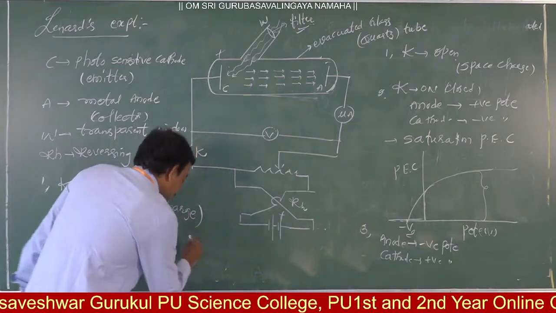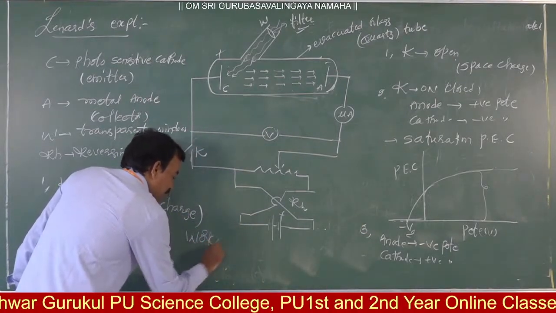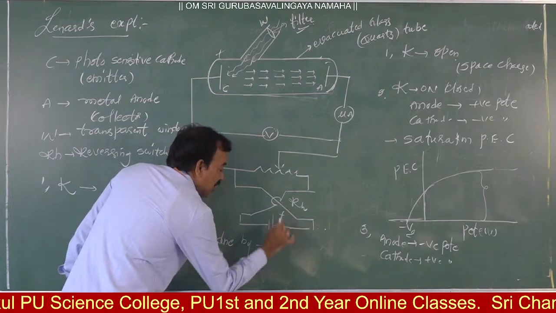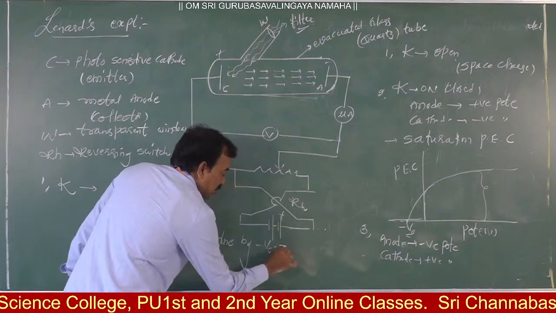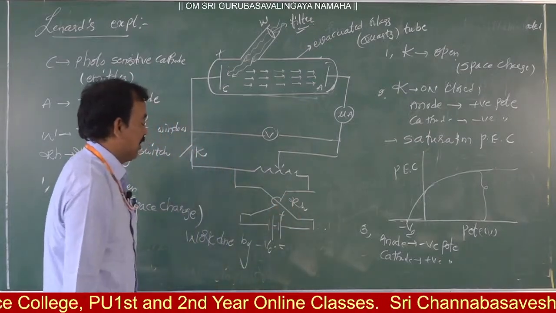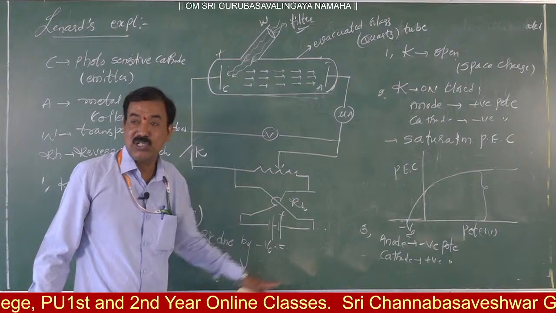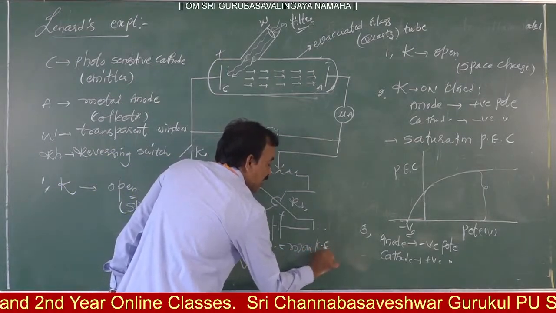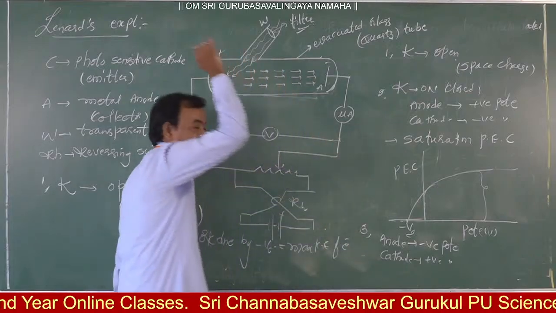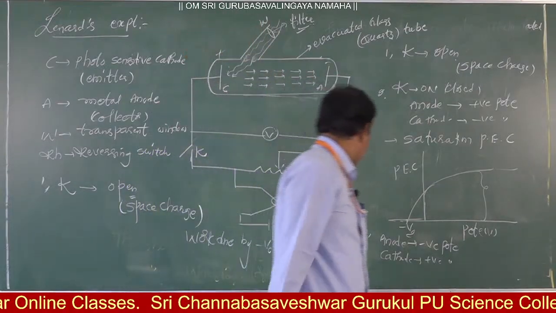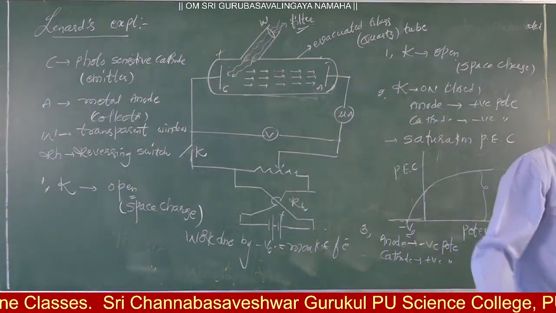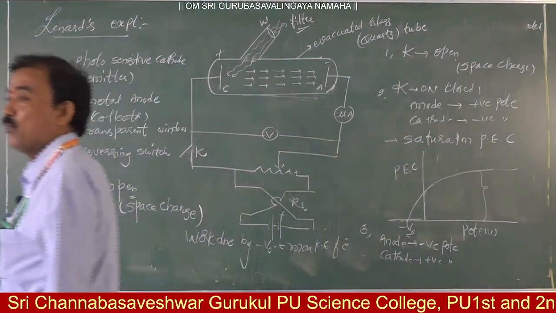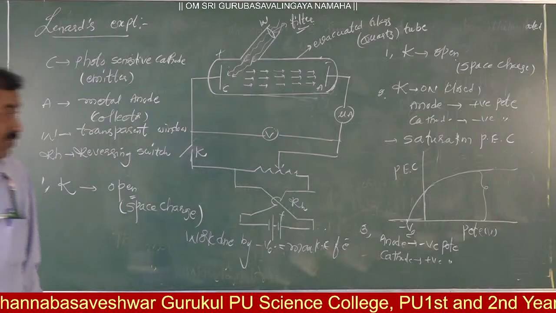The work done by the negative potential on the electrons is equal to the maximum kinetic energy of the electrons. So what is the work done equation here?